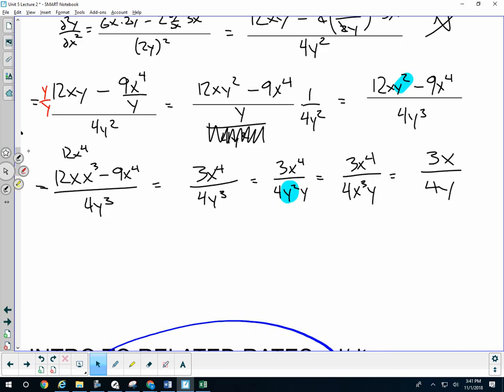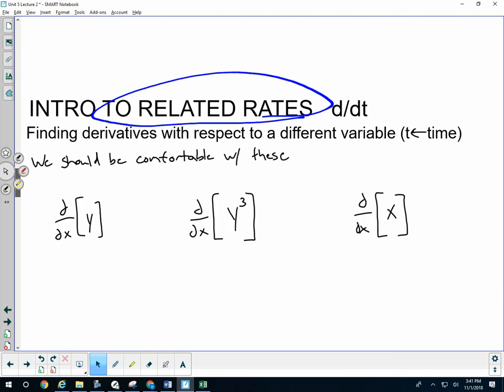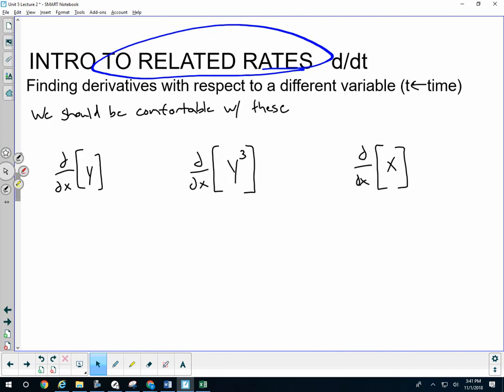Well, we are comfortable with taking the derivative with respect to x of y. And we know that we say this is dy dx. Now, what does it mean? What does that d stand for? Yes, instantaneous change.